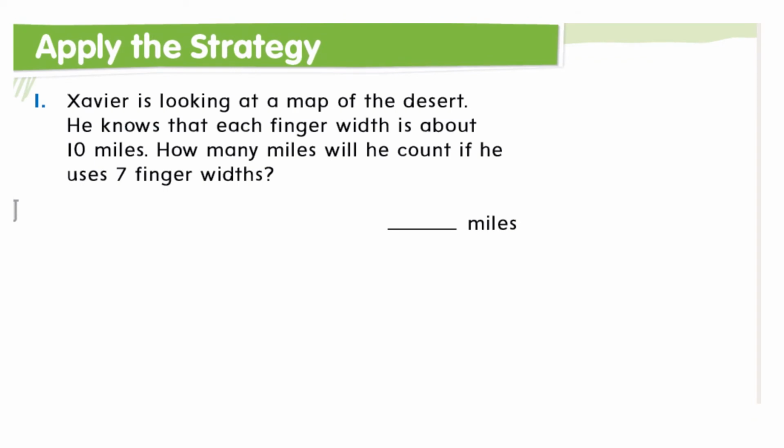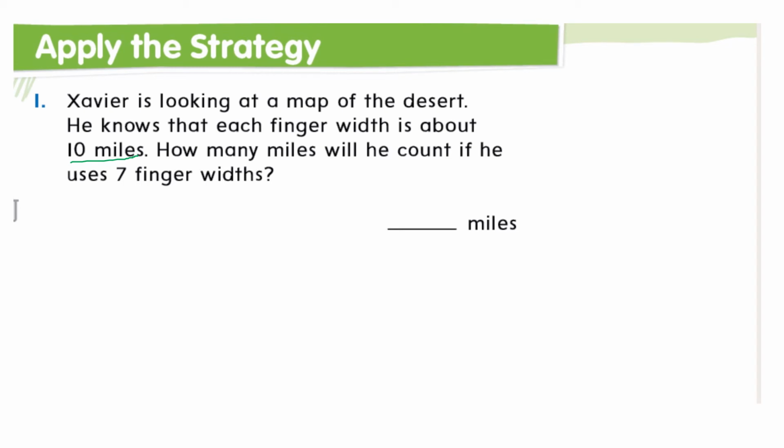Xavier is looking at a map of the desert. He knows that each finger width is about 10 miles. How many miles will he count if he uses 7 finger widths?